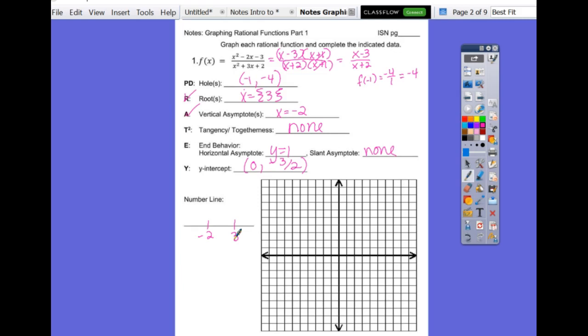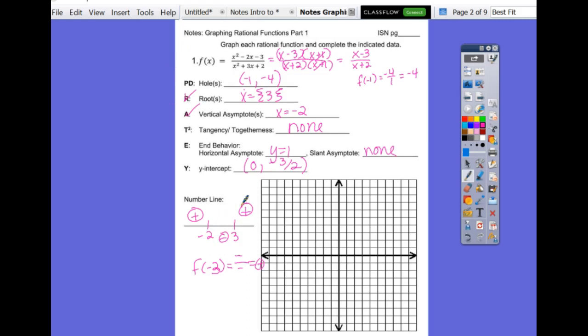So at -2, if I put in a -2, I get negative over negative, which gives me positive. Did anybody else get positive? Yes? Okay. So if this is positive, what's the next one? And then this one is positive because they alternate now.